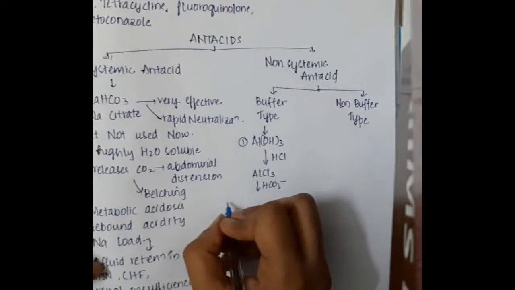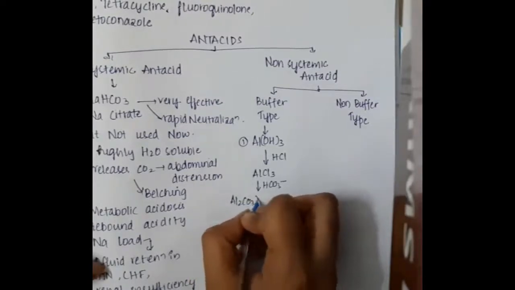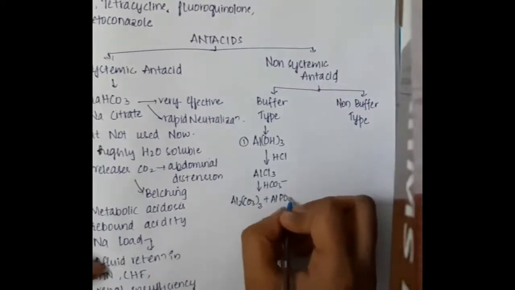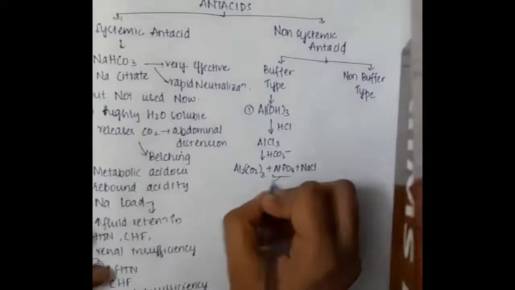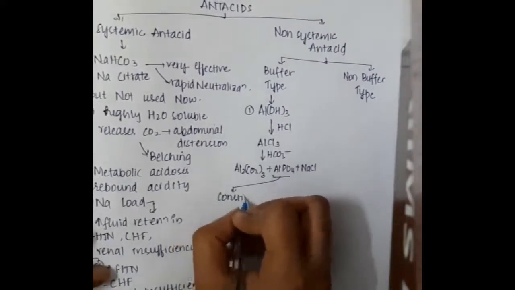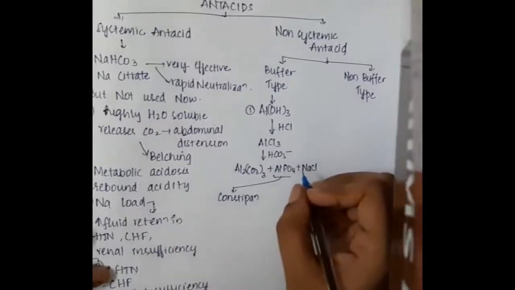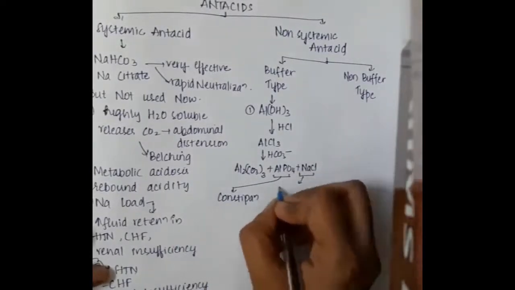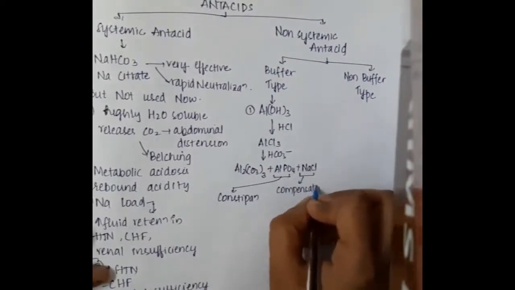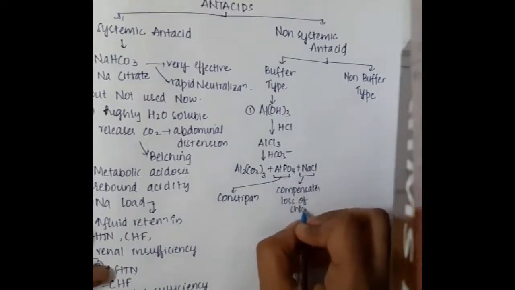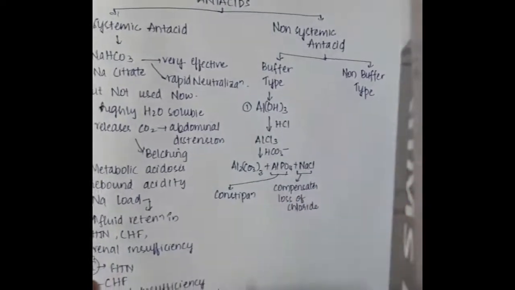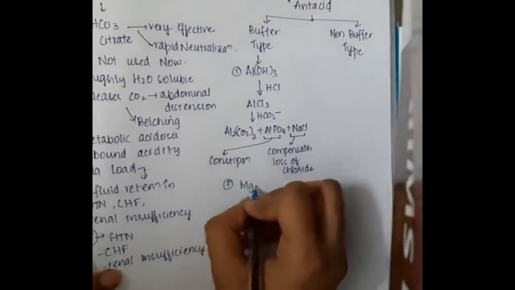This aluminium chloride will combine with bicarbonate in the intestine and form aluminium carbonate, aluminium phosphate and sodium chloride. This aluminium phosphate will cause constipation, whereas this sodium chloride can compensate the loss of chloride.